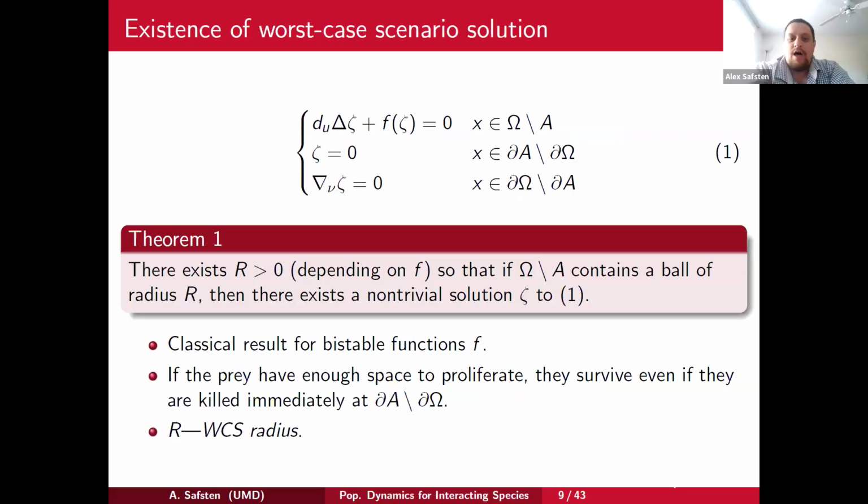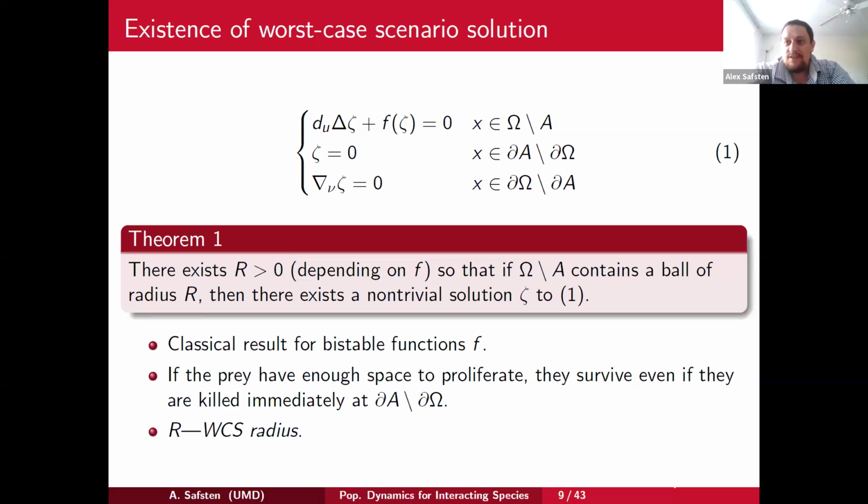And in fact, there are. So our first theorem is that there exists a radius r bigger than 0, so that if omega minus A contains a ball of radius r, there's a big ball sitting in the predator-free zone, then there must exist a non-trivial positive solution zeta to this equation.